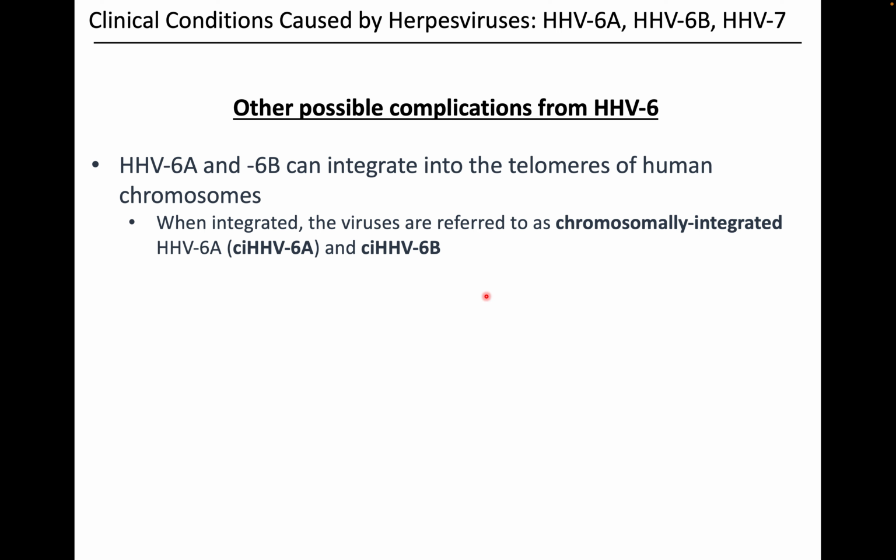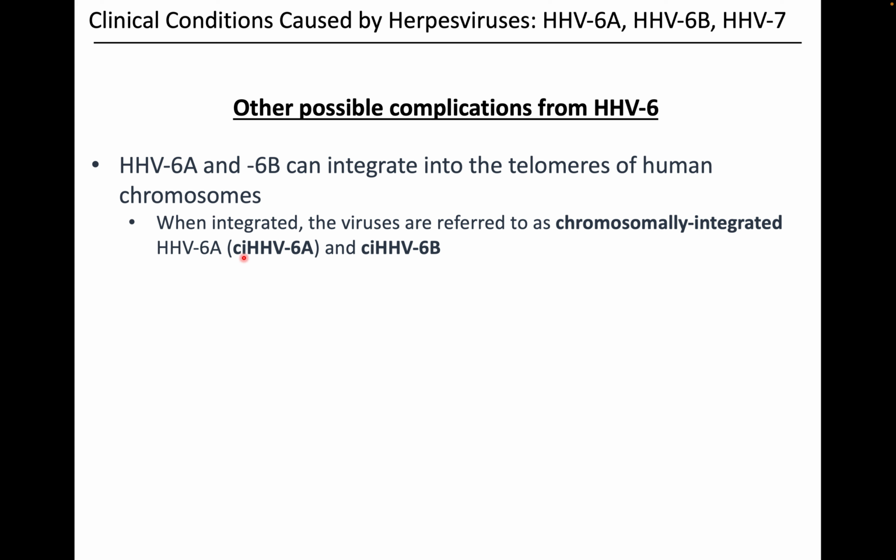Another very interesting point to mention with these viruses is both HHV6A and 6B can integrate into the telomeres in human chromosomes, and if it does, it's called chromosomally integrated virus.